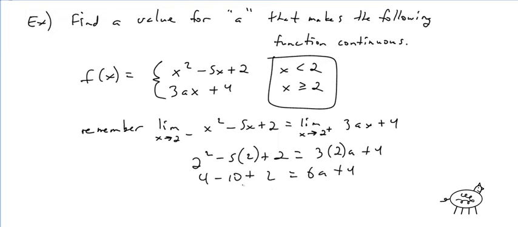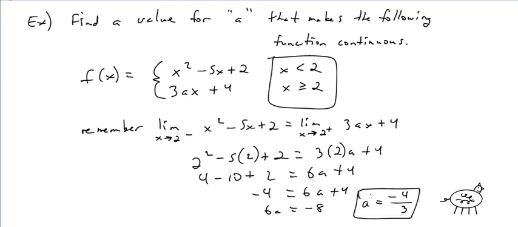That gives negative 4 equals 6a plus 4. Subtracting 4 from both sides, 6a equals negative 8, so a equals negative 4/3. If a is negative 4/3, it would be a continuous function.